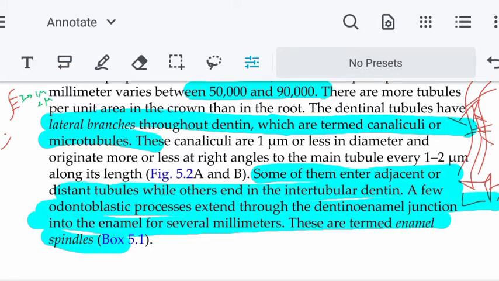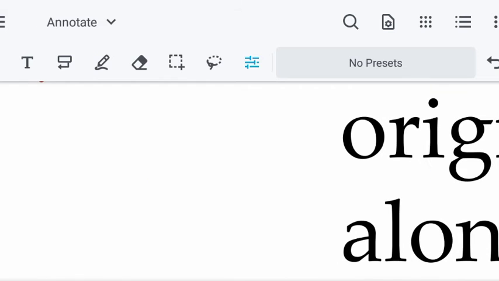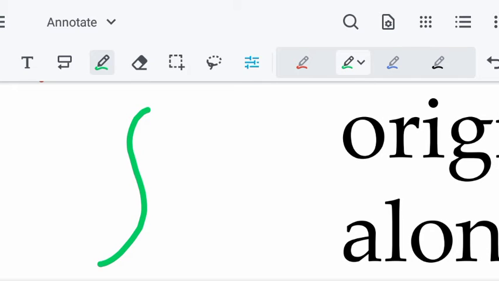I'll show you in this diagram. See, this is the dentinal tubule. These are the lateral branches. And this is the intertubular dentine.